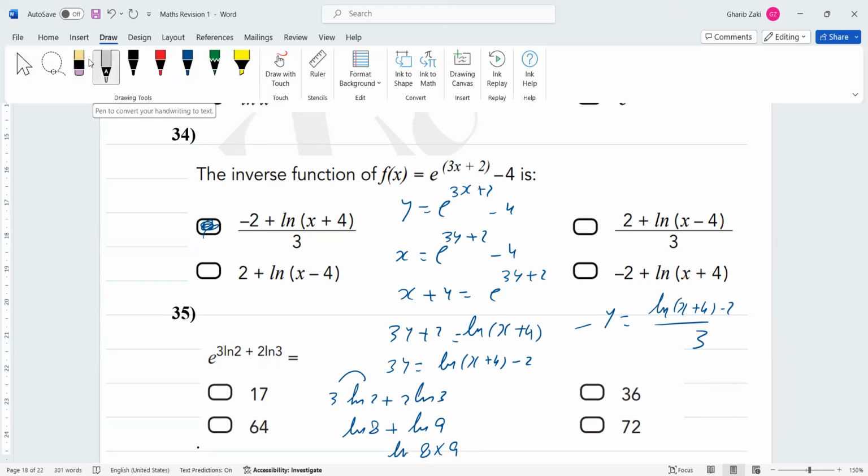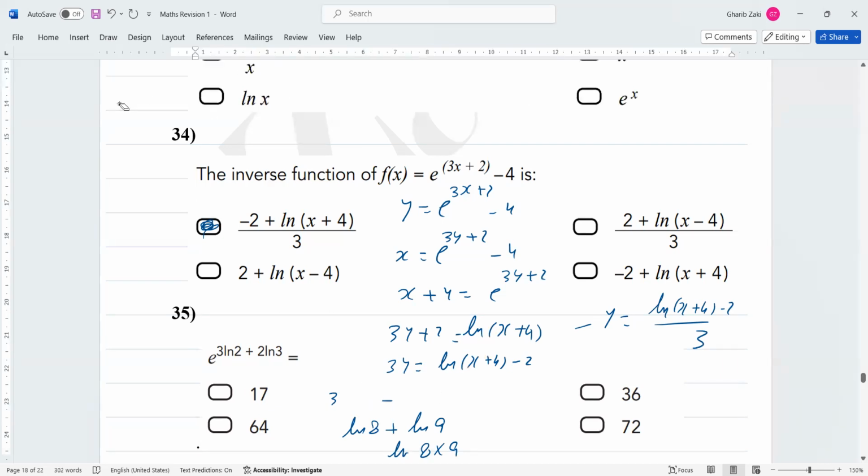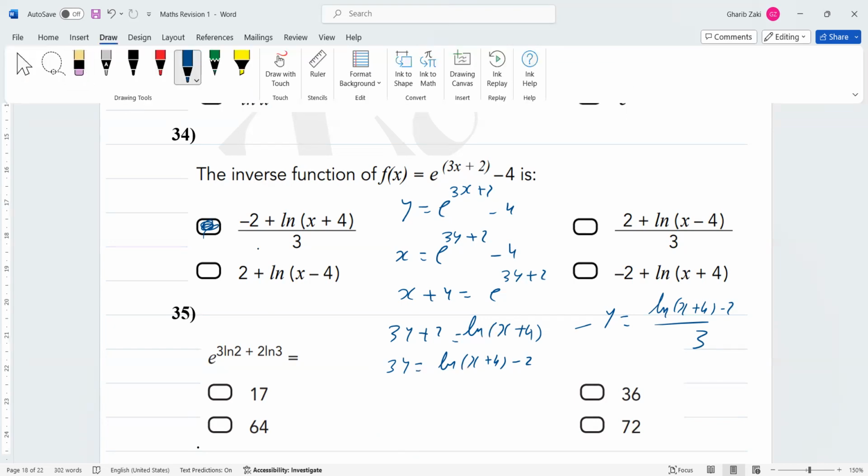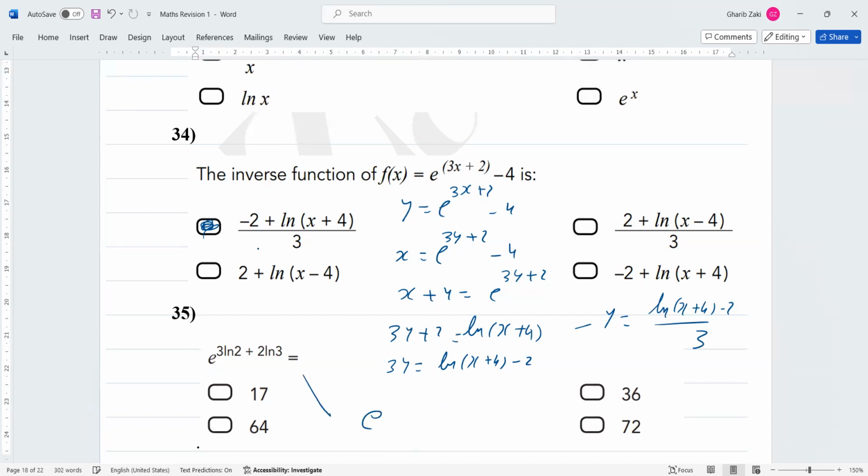Sorry, guys, this without ln. So it's a good idea to simplify it. Do not make this mistake. So we write e to the power ln 8 plus ln 3 power 2, 9. So it's e to the power ln 72 equals 72. This one.